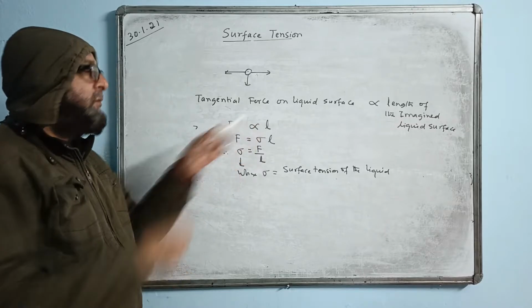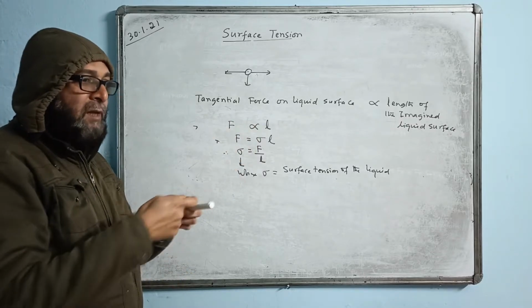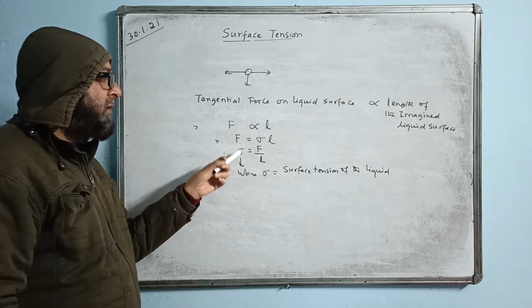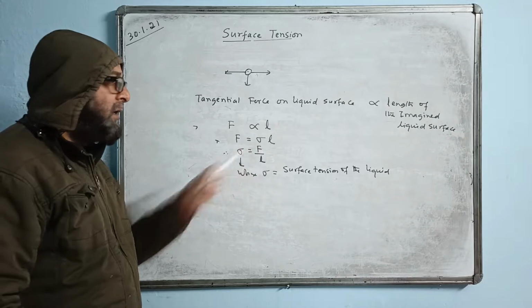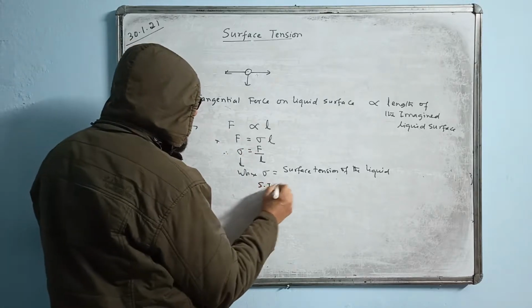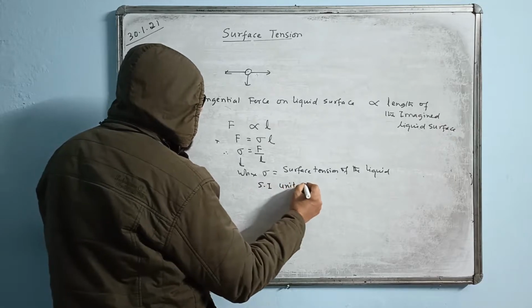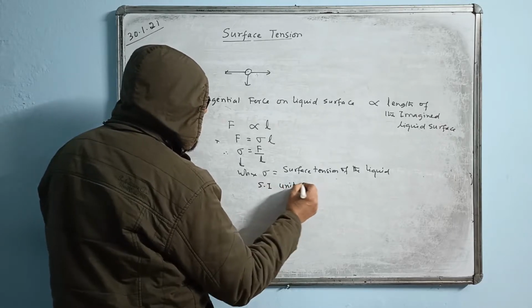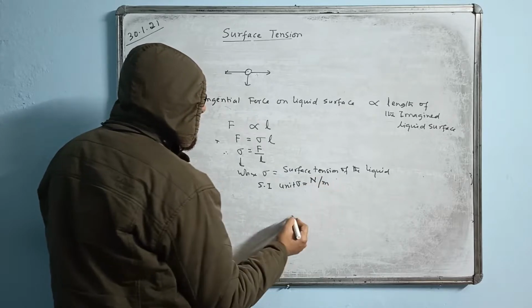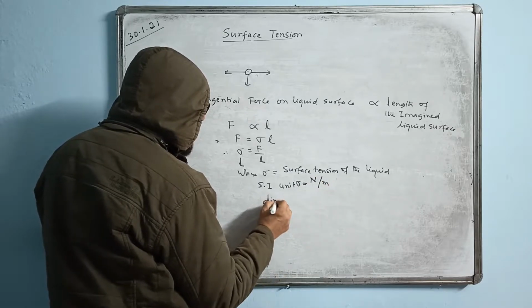This is the formula of surface tension. The more the length of the liquid surface, the more the value of the tangential force will be. The surface tension formula we have is F by L. What is the SI unit of surface tension? SI unit of surface tension sigma is Newton per meter. And dimension also we can find.